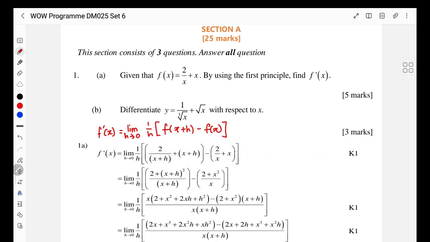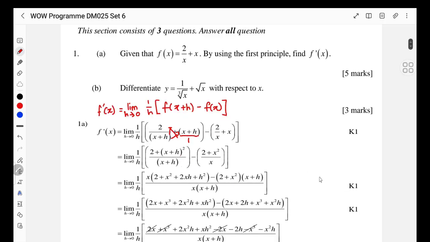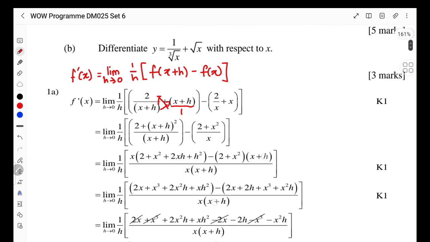And then you simplify this fraction. So this is over 1. Okay, so you cross multiply. You will get 2 plus (x plus h) squared over x plus h, minus 2 plus x squared over x. Now another mark comes whereby you cross multiply between these two fractions.